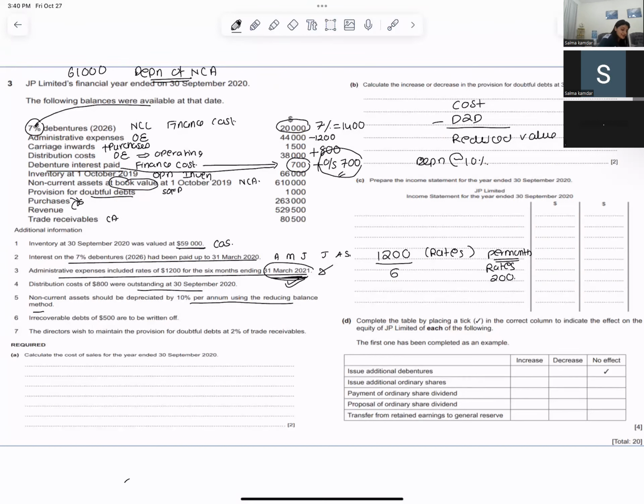And this will go in other operating expenses. Okay. Go to the next one.